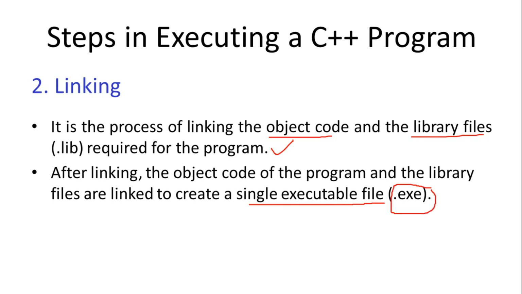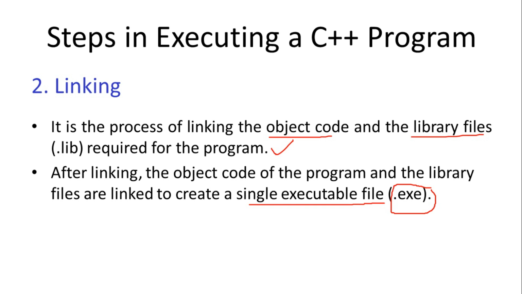So linking is just the combination of the object file and the standard library files. After linking, you will be able to execute your program, which is in a single executable file format, with the extension .exe.